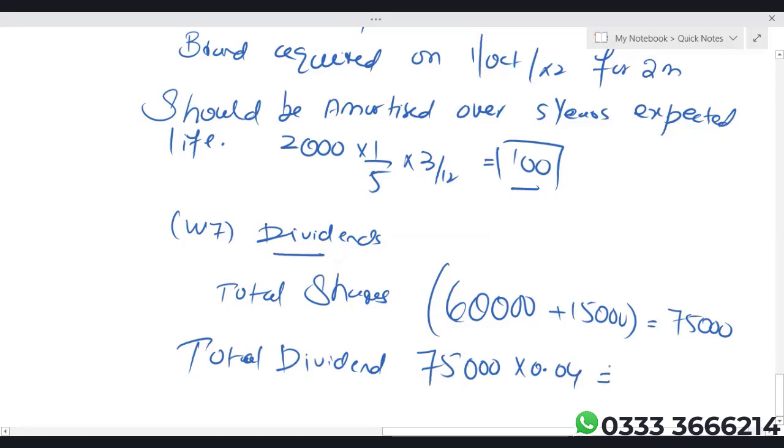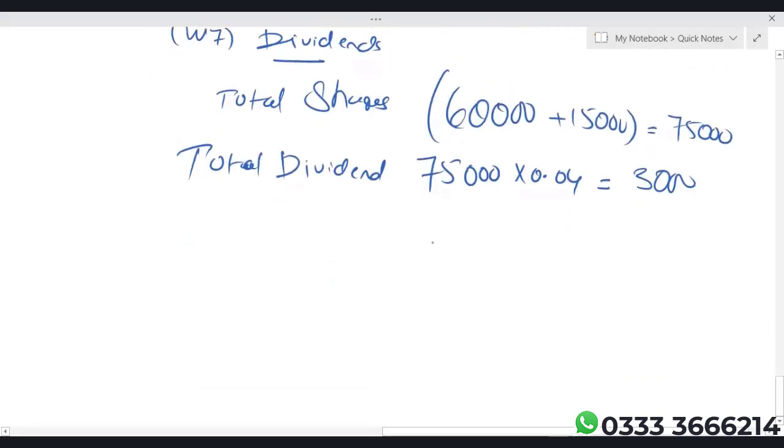I'm getting 3,000. And with this 3,000, the retained earnings will be debited and administrative expense will be credited. Logically, the double entry of the correction is debit the retained earnings, credit your admin expense.